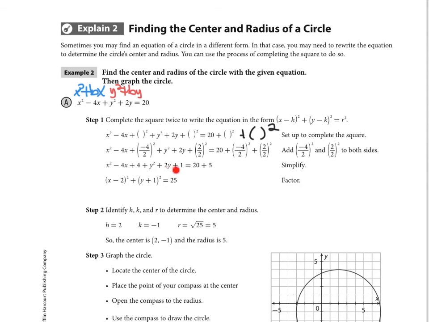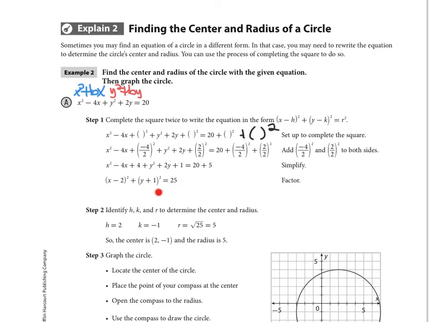We would have y squared plus 2y plus 1, which is going to condense or get rewritten as y plus 1 all squared. Instead of having 2 rectangles next to the square, we only have 1 because we've evened it out, or halved those. And then, of course, we're going to add 4 and 1 to the right-hand side as well, or combine that to plus 5, and we get 25 as the simplification of that.